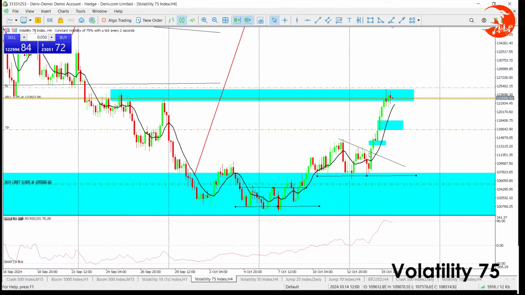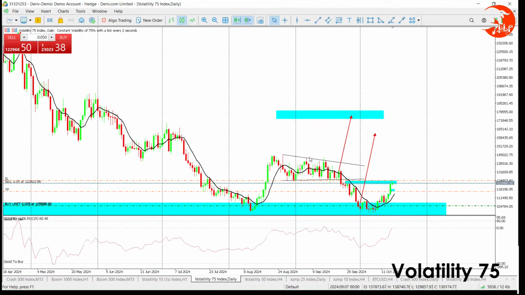Those who have been with us, you will remember all these levels, how we made entries with them. So all this can now be deleted, and now we wait.